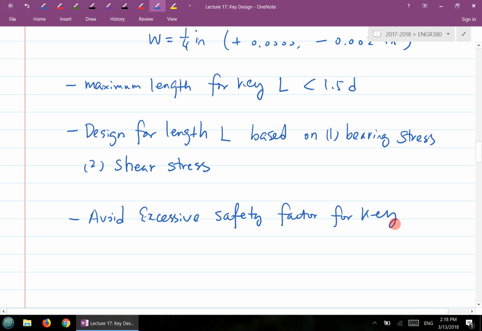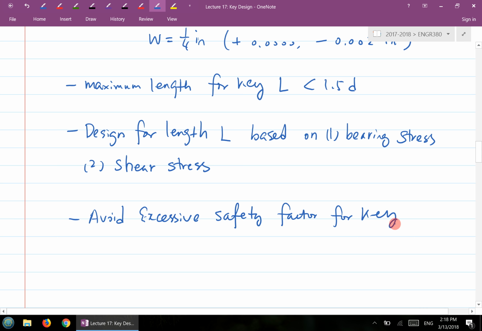The reason is because the key typically functions as a mechanical fuse. What you don't want is your shaft to fail first before the key, or your gear to fail first before the key, at the connection, the coupling location. What you want is for the key to fail.